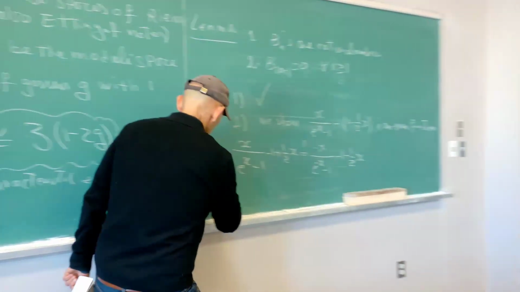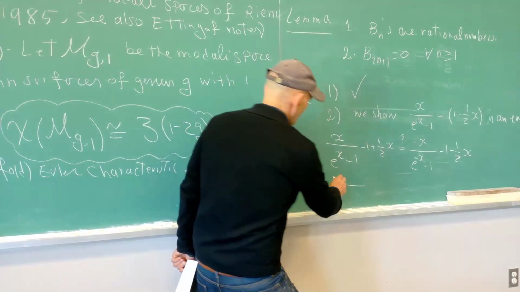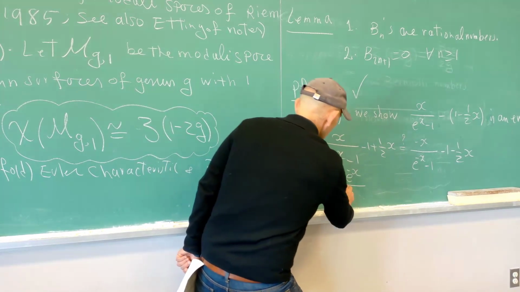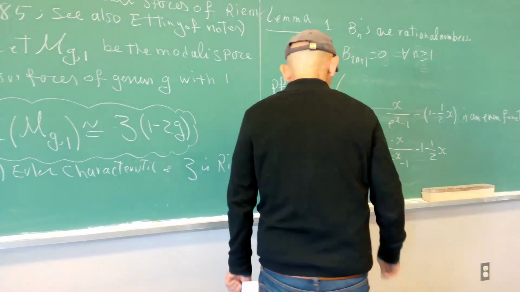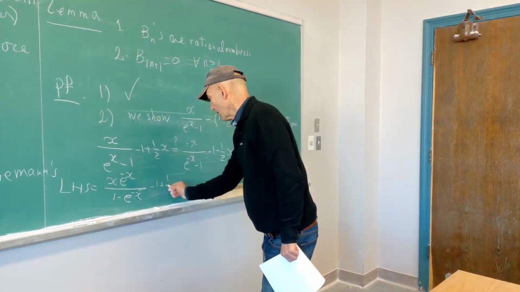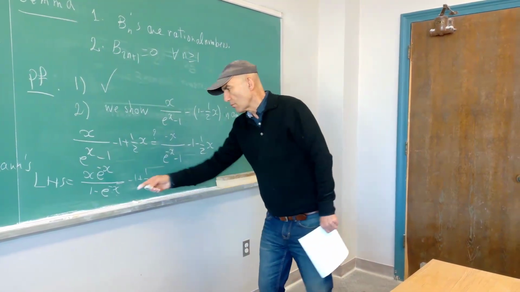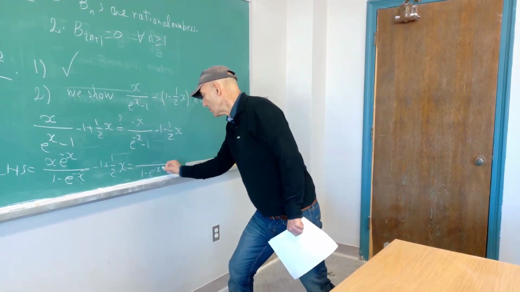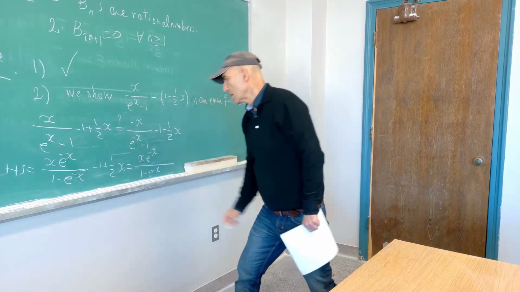If I multiply by e to the minus x, I'm going to get x e to the minus x, and here it is cancelled. It's 1 minus e to the minus x. Minus 1 plus 1/2 x, so that's equal to 1 minus e to the minus x, right? And then I've got x e to the minus x.